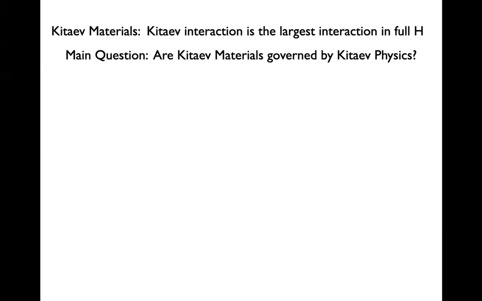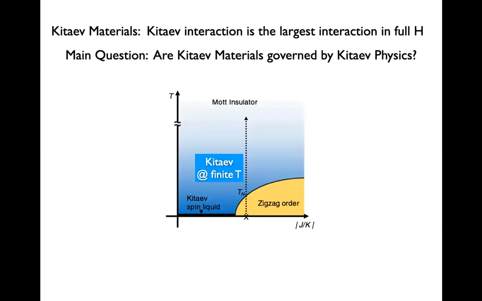What I mean by Kitaev physics is something like this, which we have been using quite a lot. Here the vertical axis is the temperature, and the x-axis is some interactions, where I just put Heisenberg, but in reality this can be other interactions because these materials are not purely Kitaev. There are other interactions that come in and generate some kind of magnetic order here.